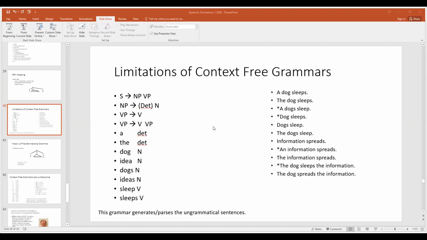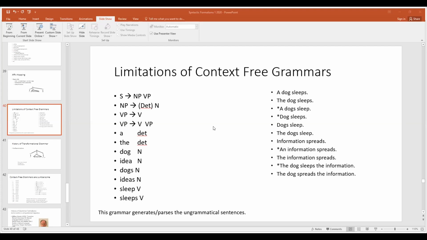The problem is that we don't want the ungrammatical sentences. We only want the grammatical sentences. So, in order to write a context-free grammar that generates only the grammatical sentences, in the previous example that I was showing, we need to add more complicated categories.